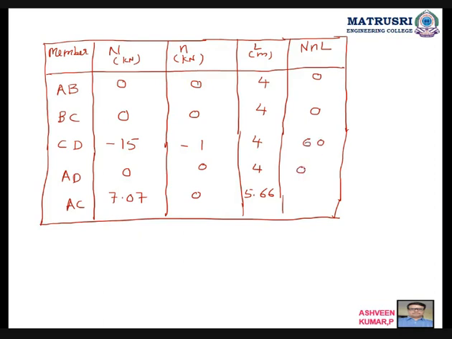Here also 0, here also 0. Now the algebraic sum of N n L is 60. So what is our formula? Delta C vertical is equal to sigma N n L by AE. So your answer is 60 by AE, the vertical deflection.